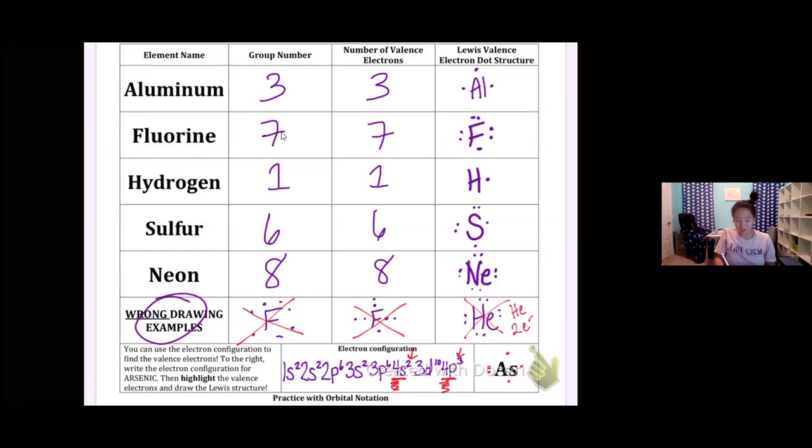So 2 plus 3 is 5 valence electrons, right? So this 4 and this 4. You ignore the 3 because it's on a separate level. It's not the highest level that is written down. So that 2 plus 3 gets you to 5 valence electrons, which is why you have 5 valence electrons there, and it's also in the 5th column as well.